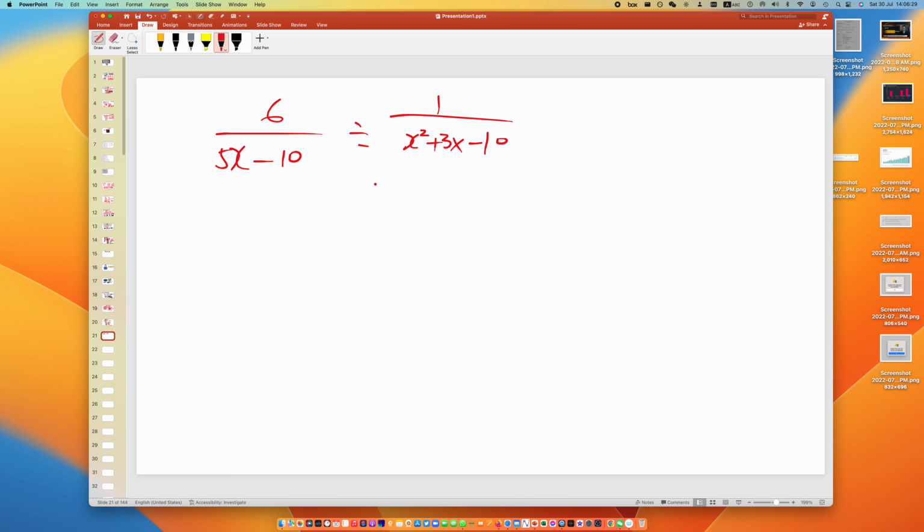When you have divide, the first thing you do is change it to times before you do anything else. The whole concept is about factorization and cancellation, so that means you need to factorize.